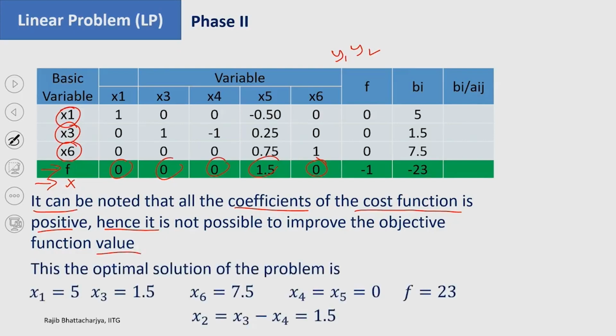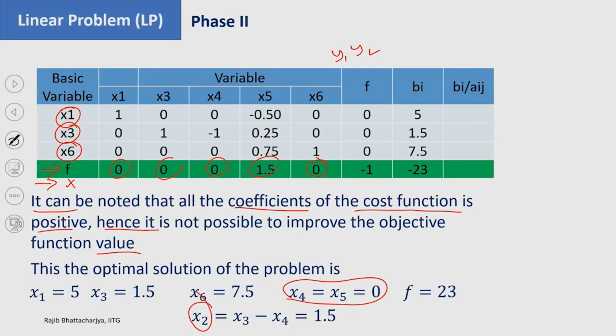So, therefore, the solution is now x 1 equal to 5, x 3 equal to 1.5, x 6 equal to 7.5, and x 4 and x 5 are non-basic variables. Okay. So, non-basic variables, therefore they are 0, and what is x 2? x 2 is x 3 minus x 4. Okay.